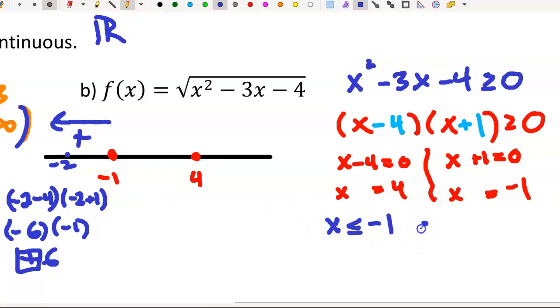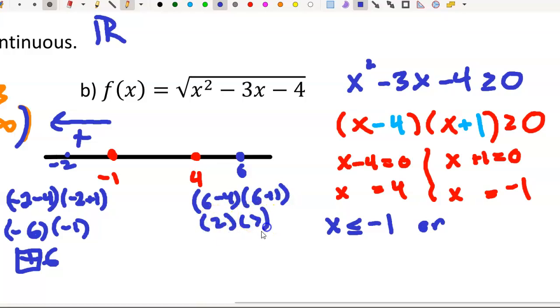I know that much. Now, I could do the same thing and just plug in, let's say, 6 on this side. And if I do that, we have 6 minus 4 and 6 plus 1. The number is not important. The fact that we get a positive number lets me know the same thing, that x can be 4 or bigger, greater than or equal to 4.